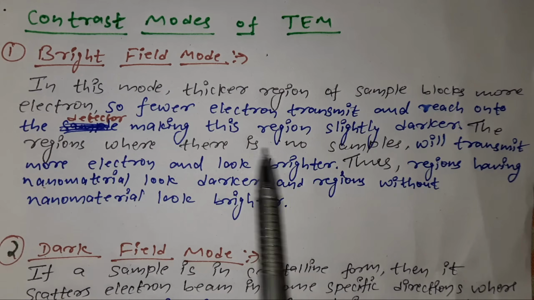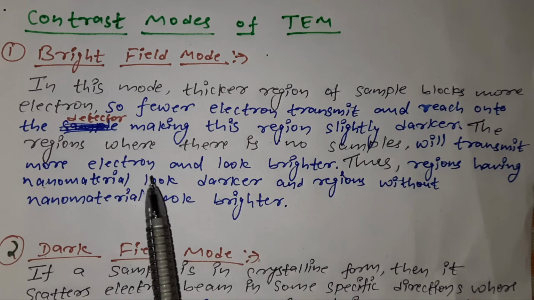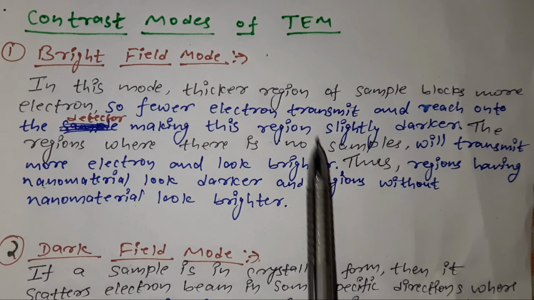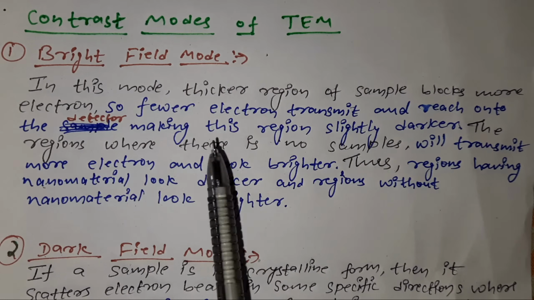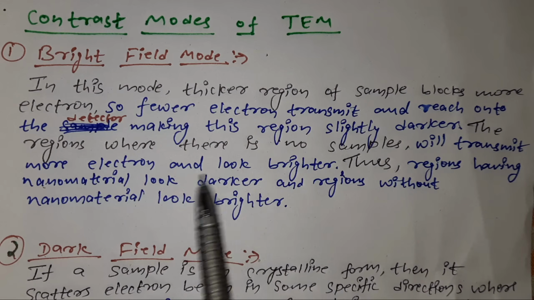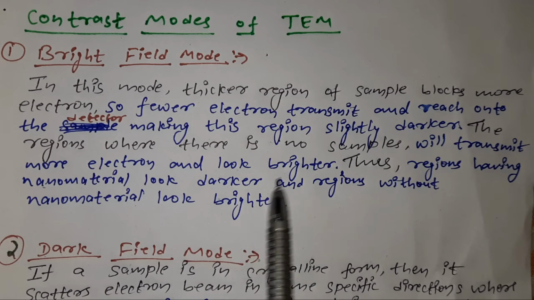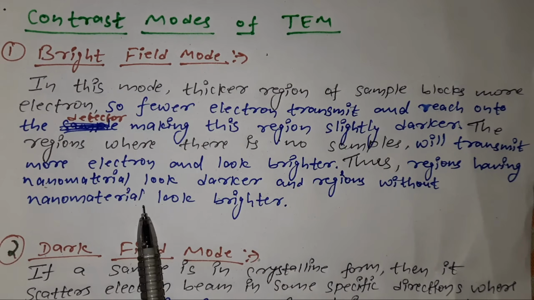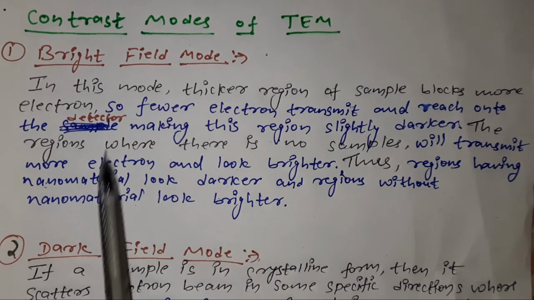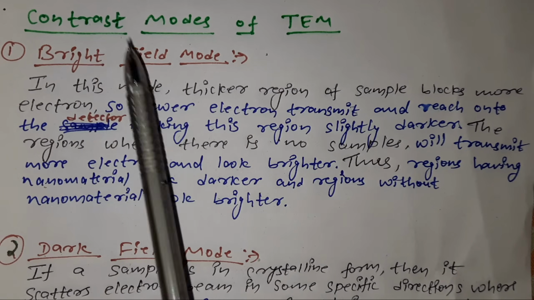The regions where there is no sample will transmit more electrons and look brighter. If there is no sample, it won't be able to block electrons, so that part will be brighter. Thus, regions having nanomaterial look darker and regions without nanomaterial look brighter. So this is the fundamental of bright field mode.